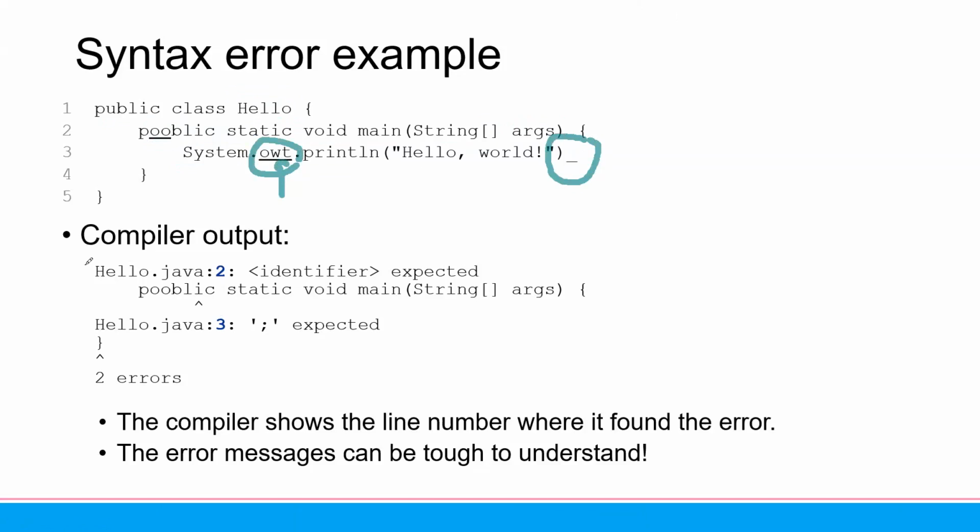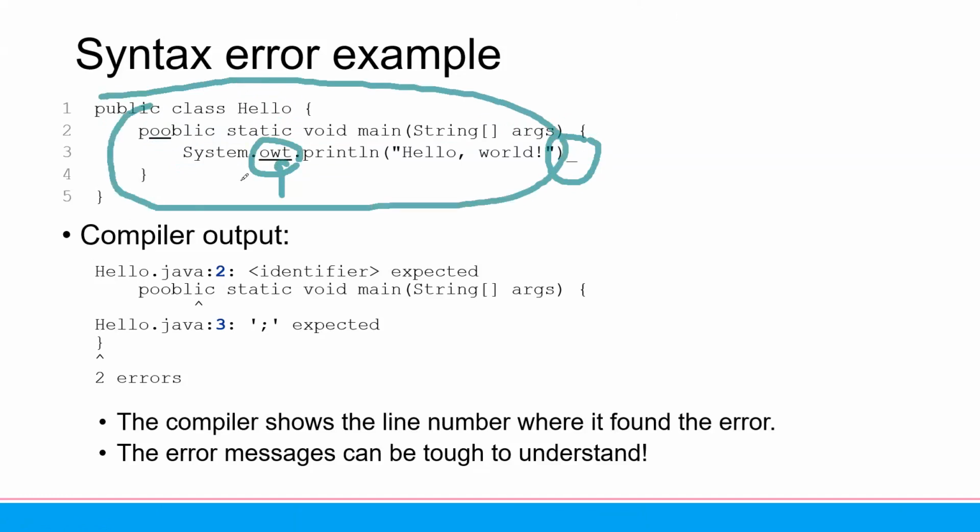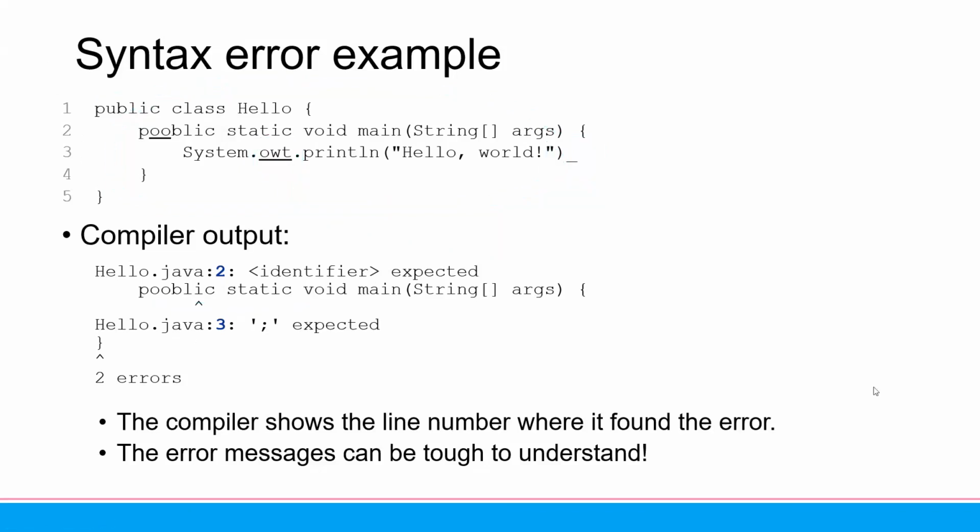If you want to run this code in your Eclipse, you will get some error messages like this one. So the compiler shows the line number where it found the errors. And the error messages can be tough to understand.